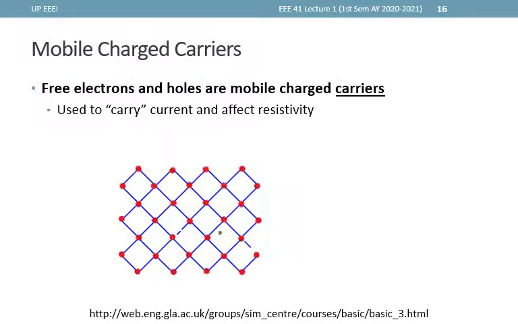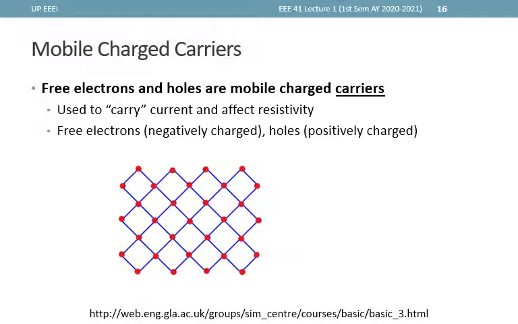To carry current, you have, of course, some charge, and also you should be able to freely move around the material. Unlike the covalent bonds, which are bound within the crystal, these electrons in the covalent bonds are not considered carriers.